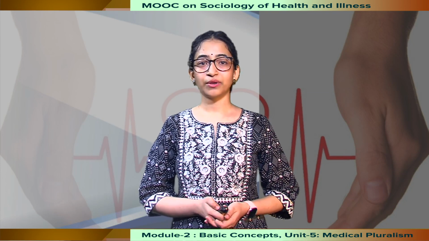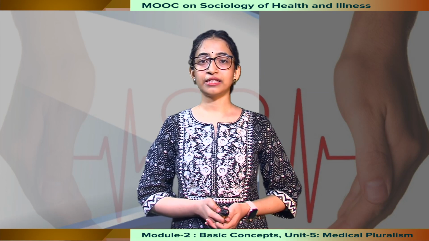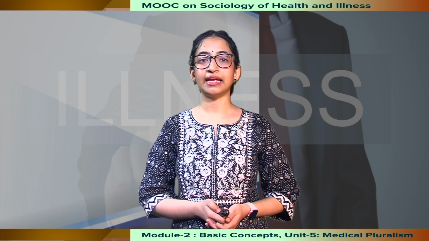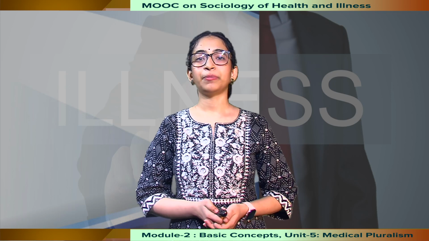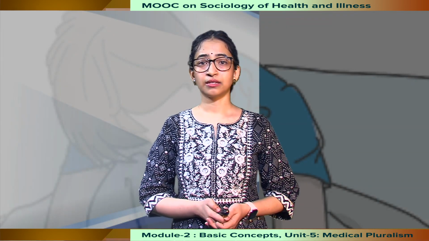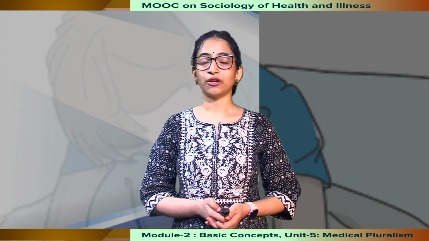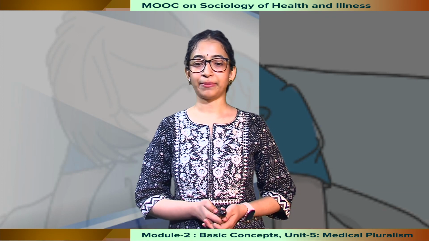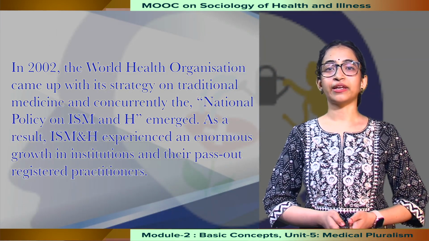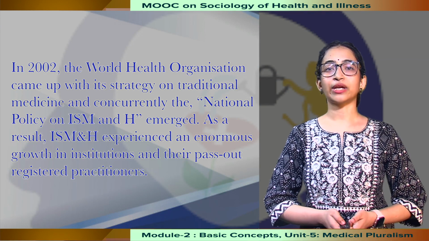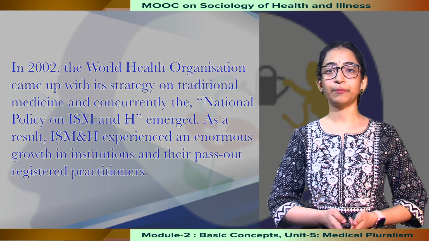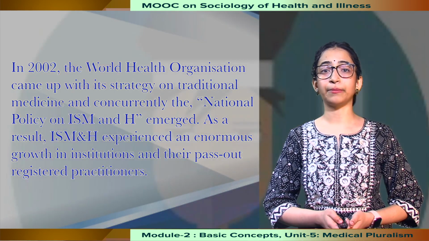There was an increased recognition of the holistic and preventive approach offered by traditional healing practices. People sought traditional medicine for chronic diseases, lifestyle disorders, and also to promote overall well-being. In 2002, the World Health Organization came up with its strategy on traditional medicine, and concurrently the national policy on ISM&H emerged.